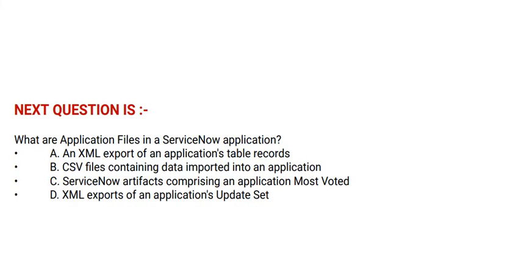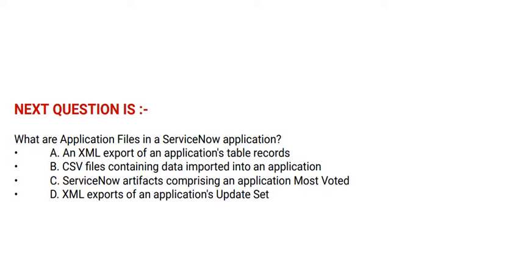Next question is, what are application files in a ServiceNow application? Option A. An XML export of an application's table records. Option B. CSV file containing data imported into an application.